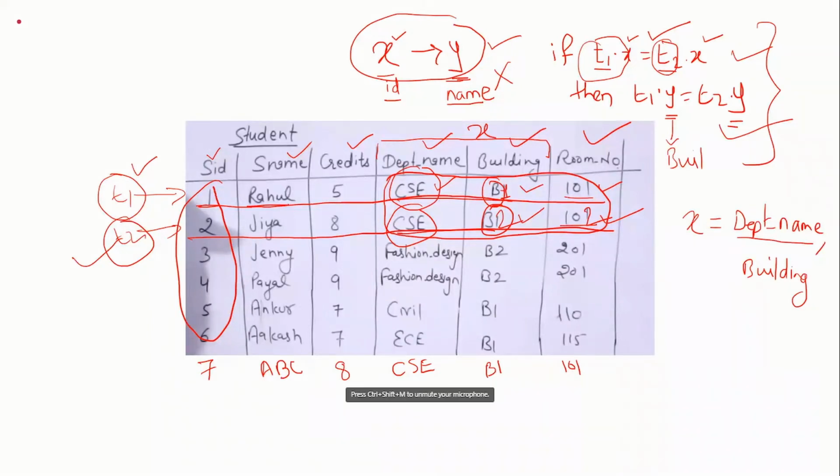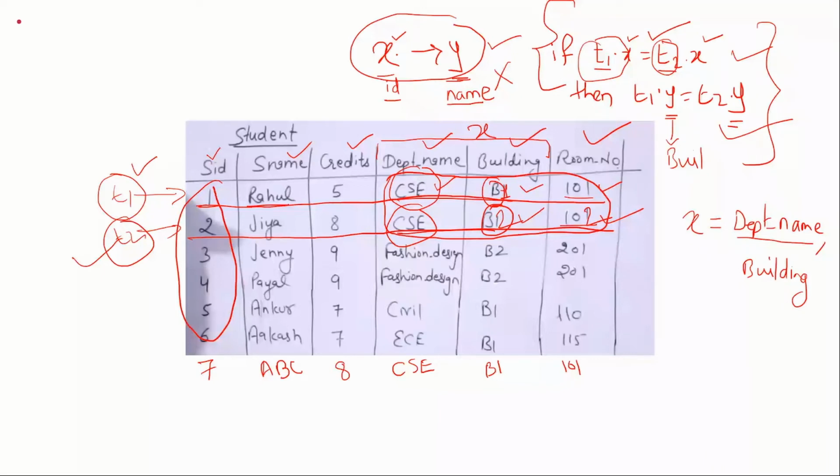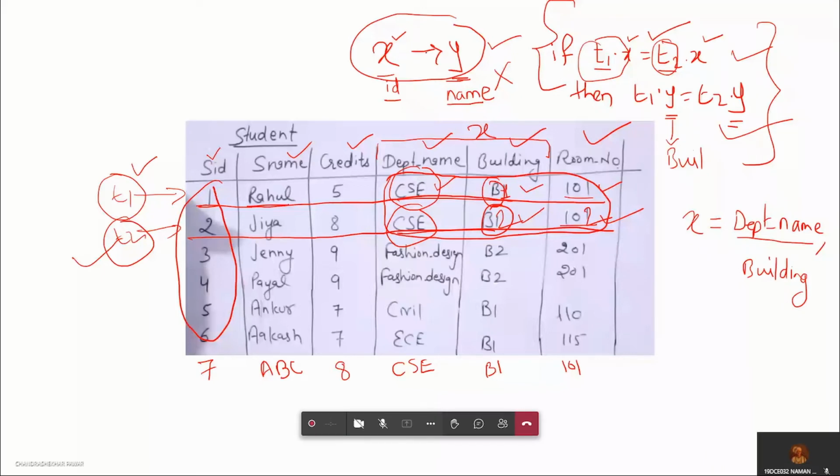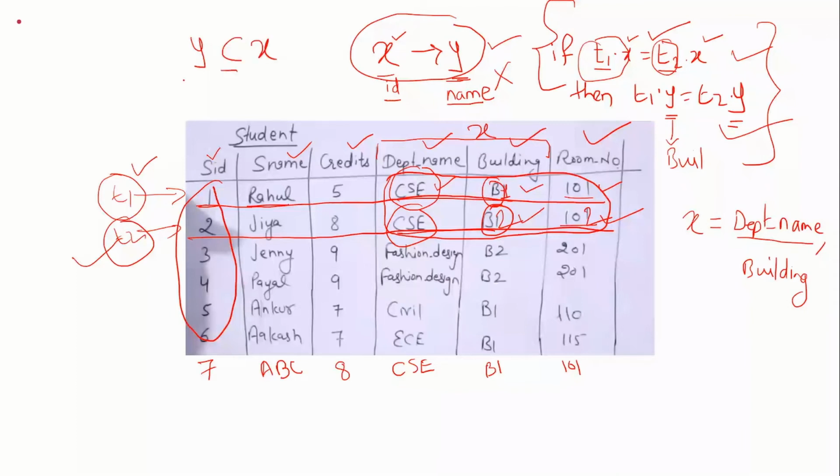So students, in case of trivial functional dependency, I just write it down here. When we write this condition, X produces Y, we can say there is a functional dependency with Y. Within this, Y must be a subset of X in case of trivial functional dependency.